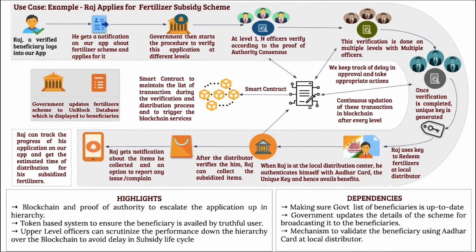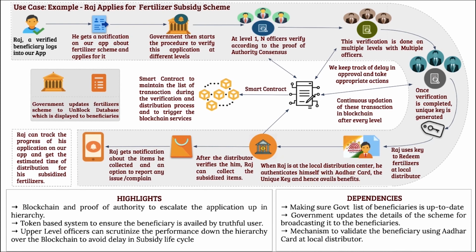So Raj collects all the subsidized items from there, and then he gets a notification in case he wants to report any issue or complaint. There's also a feature that Raj can track the progress of his application on the app and get the estimated time of distribution, so he knows around how much time will be taken for the entire process.